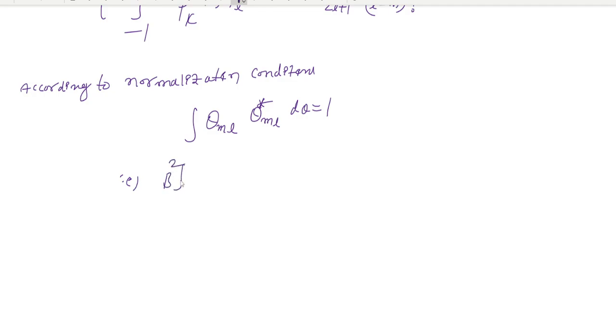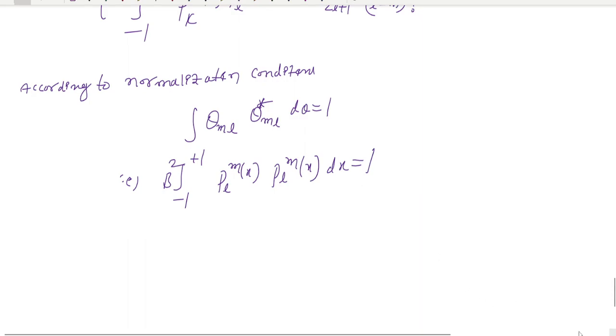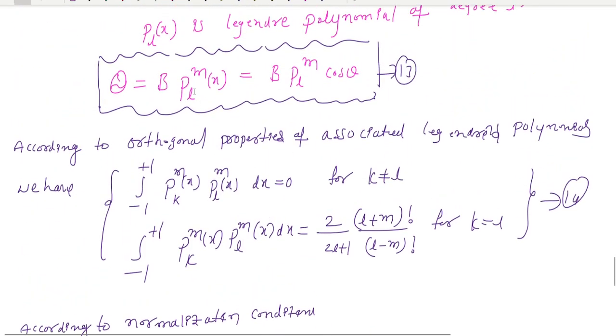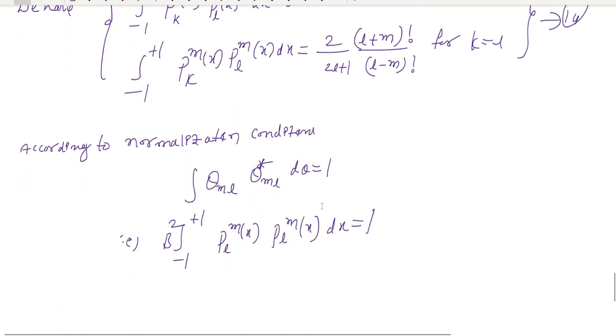B is there, B squared integral from -1 to +1 of P l m of x P l m of x dx equal to 1. So this is our condition. I am simply using this function here for the normalization condition. No need for confusion here.